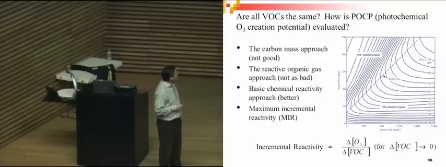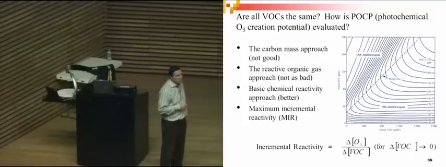If we are looking at this part of the isopleth diagram, we're essentially NOx limited, which means that the ozone production is driven by the NOx concentration. We can vary VOCs all we want, but we're not going to impact the ozone concentration at all.